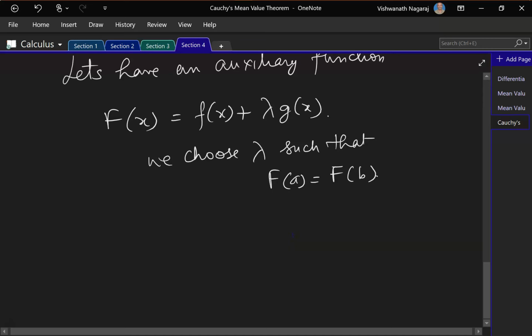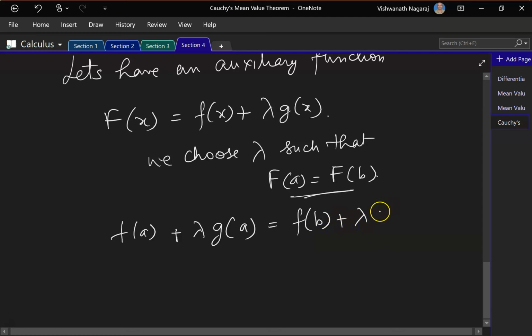So when we do that, what happens? f of a plus lambda g of a is equal to f of b plus lambda g of b.